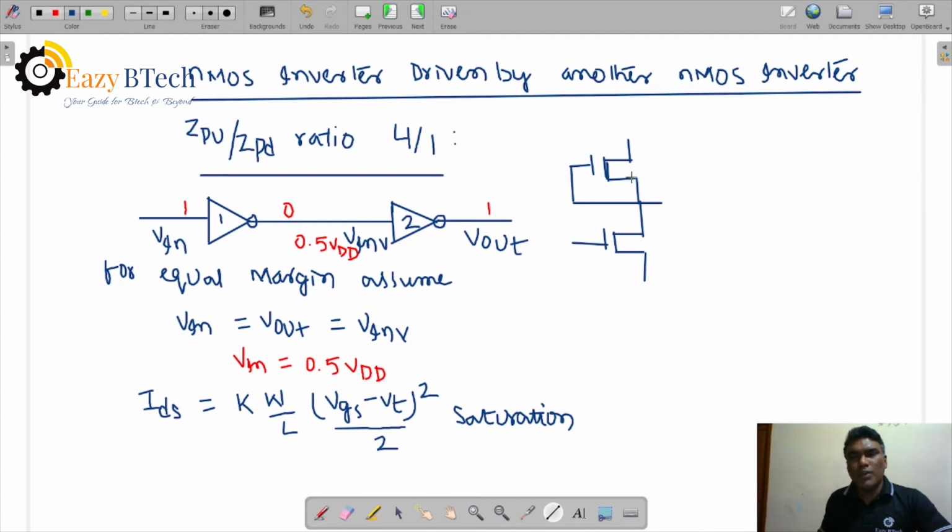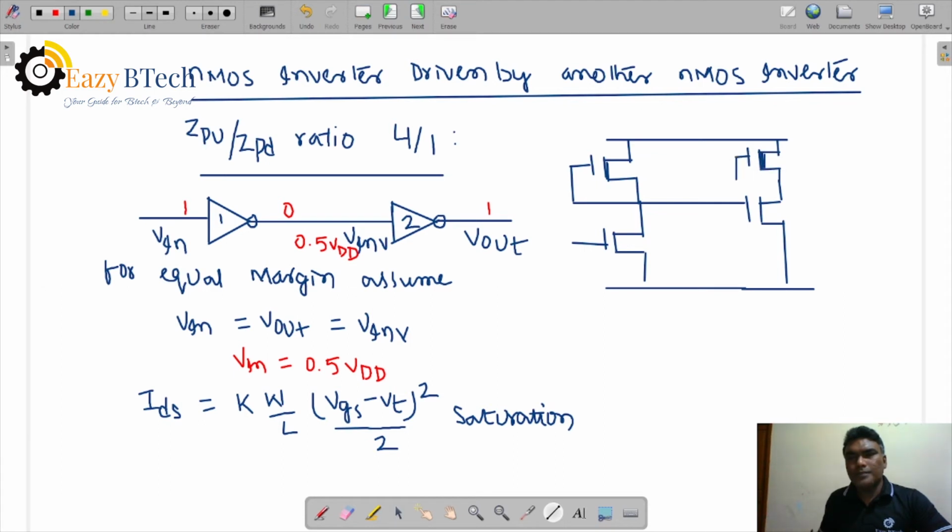The depletion mode transistor is always on because VGS is equal to 0. Then the output of this depletion mode transistor goes as input to the second inverter. This is an enhancement mode transistor. This is the first inverter and the second inverter. The second inverter again has a depletion mode transistor and an enhancement mode transistor.